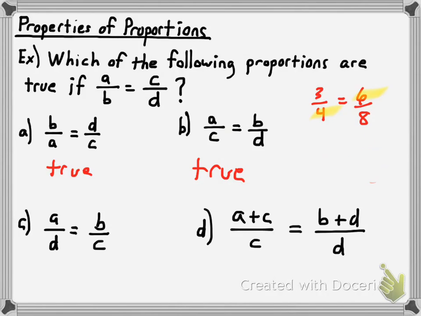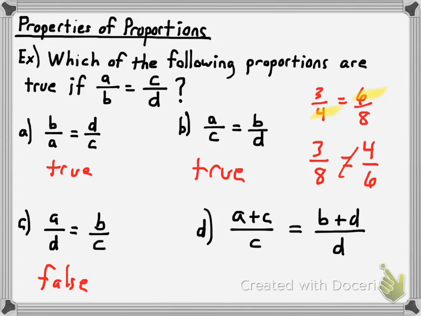Well, again, let's take that 3/4 and 6/8 and illustrate this. If I were to make a ratio out of the extremes in this proportion, I would get 3 over 8. If I were to make a ratio out of the means, I would get 4 over 6. Those are not equal to one another. So making a ratio out of the extremes and making a ratio out of the means does not make a proportion from another proportion.